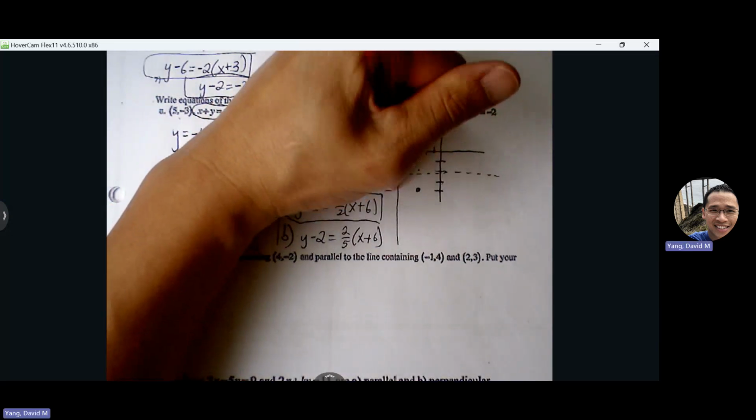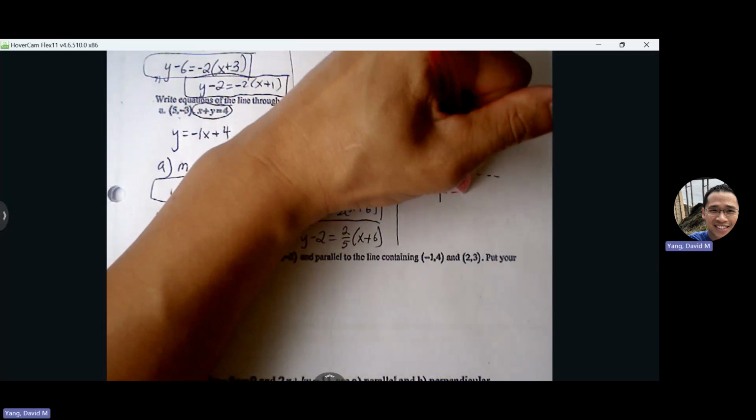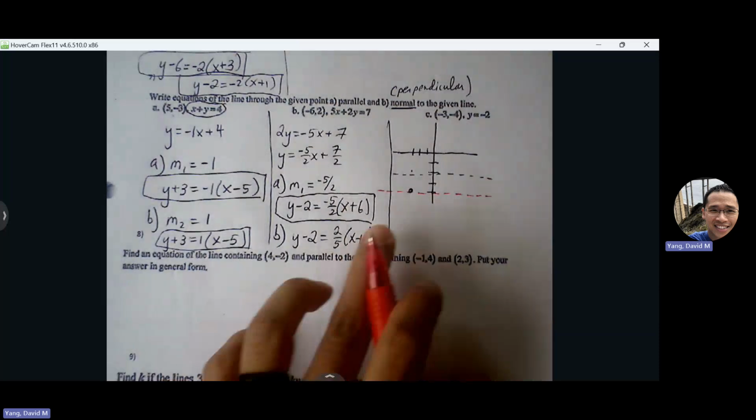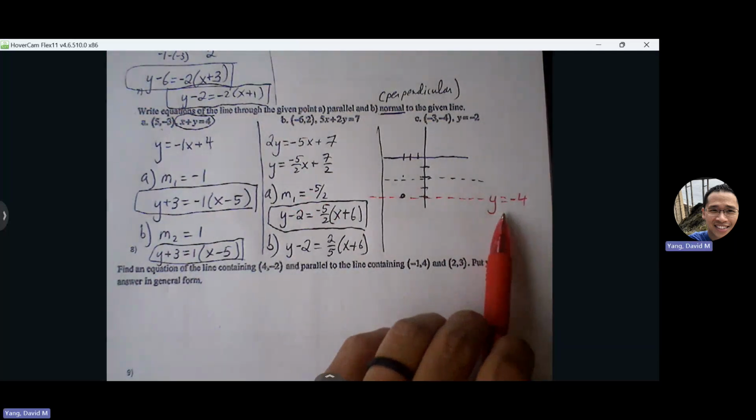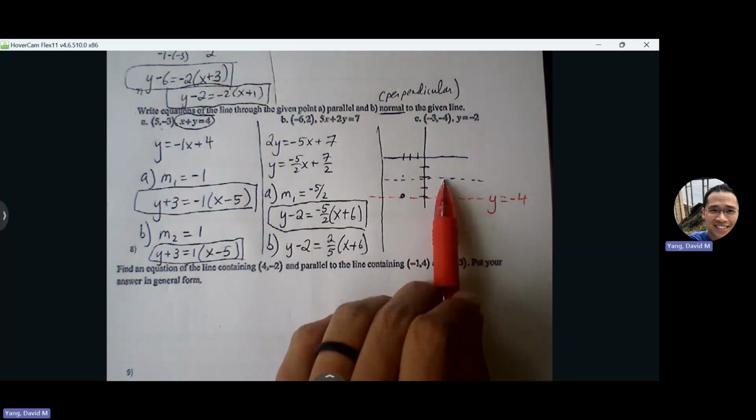So what would that look like? It's the horizontal line, right? And we don't have to plug into any equation. We can just read this off the graph. That's y equals -4. That's part A, the equation of my line that's parallel to this line.